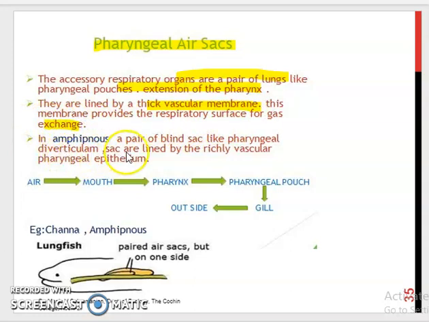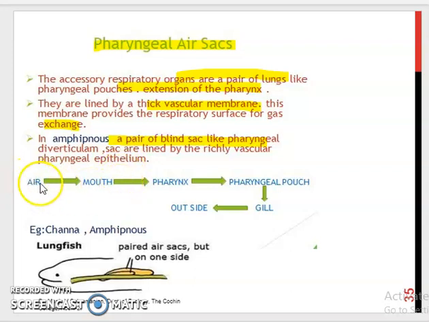In amphibians, a pair of blind sac-like pharyngeal diverticula is present, and this sac is lined by richly vascular pharyngeal epithelium. So in amphibians, this type of pharyngeal air sac is seen.